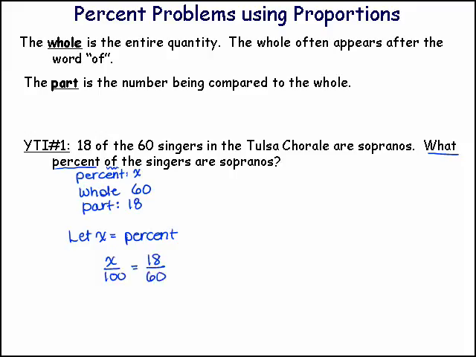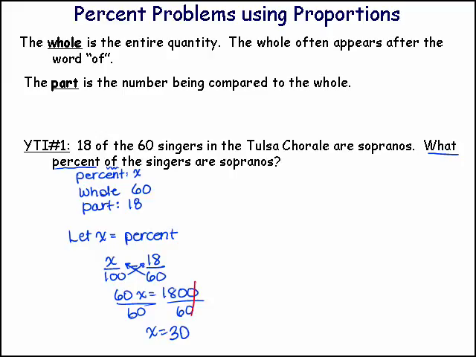Okay, so what we're doing is cross multiply now. So we wind up with 60x is equal to 1800. Divide both sides of the equation by 60, canceling these out and noticing that 6 goes into 180 a total of 30 times. So x is equal to, let me see here, yep, 30.